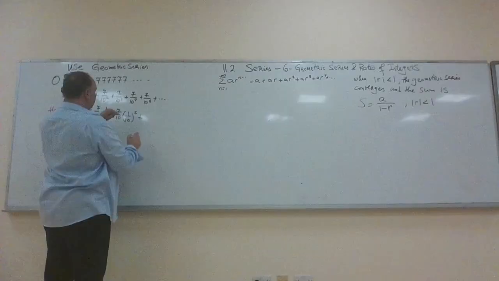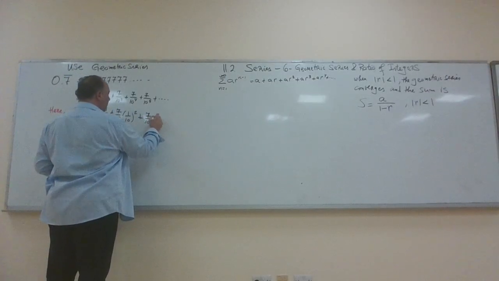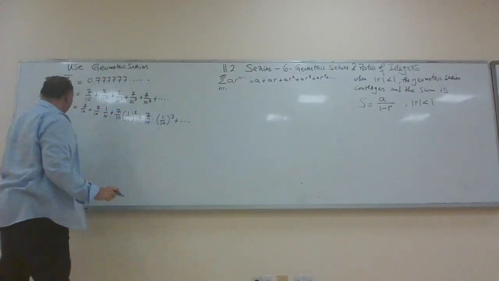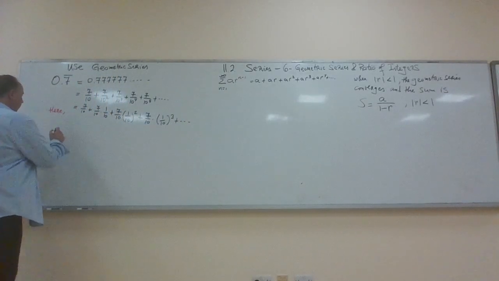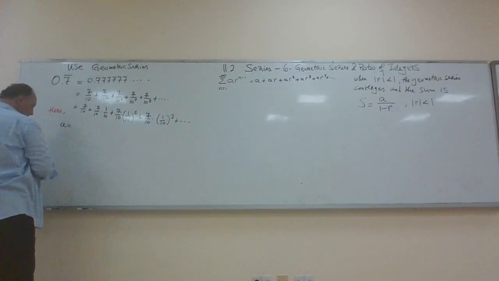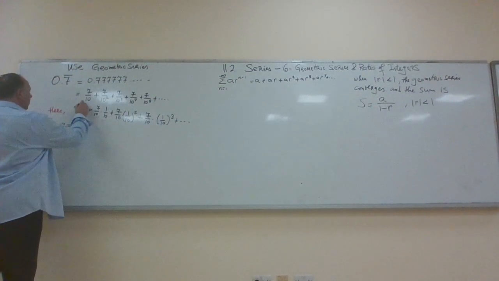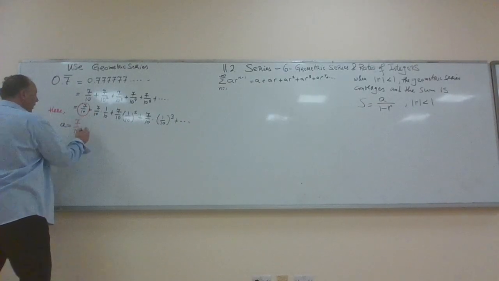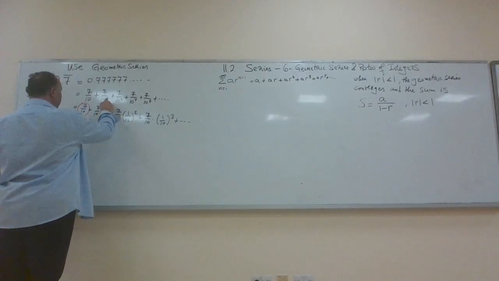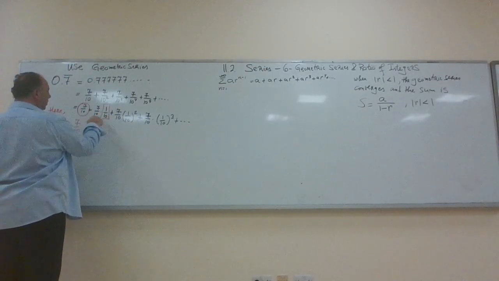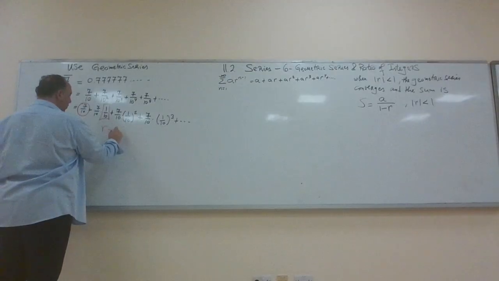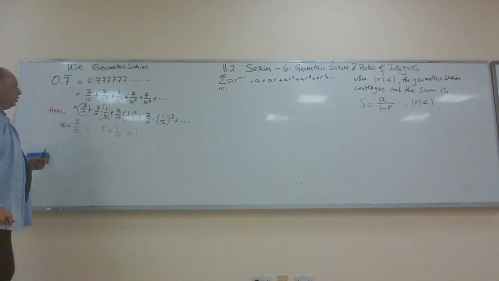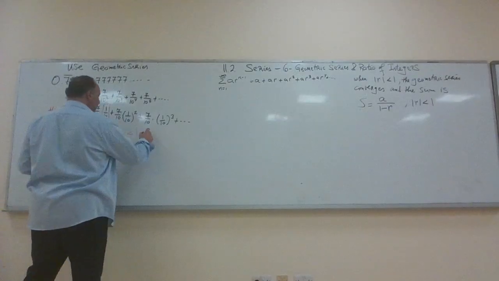The third guy, 7 over 10 times 1 over 10 to the power 3, and it keeps going. So here we identified A, this is our A, 7 over 10, and also we identified R, 1 over 10, which is smaller than 1 obviously. So the series is convergent. That's beautiful.